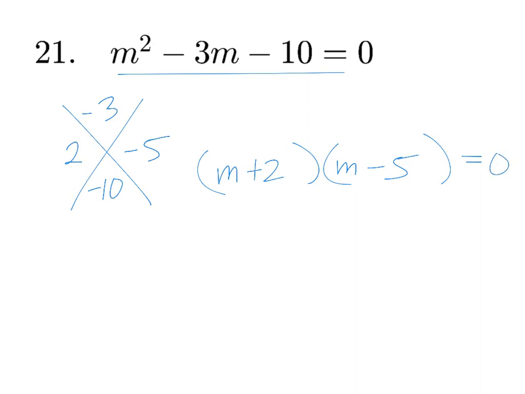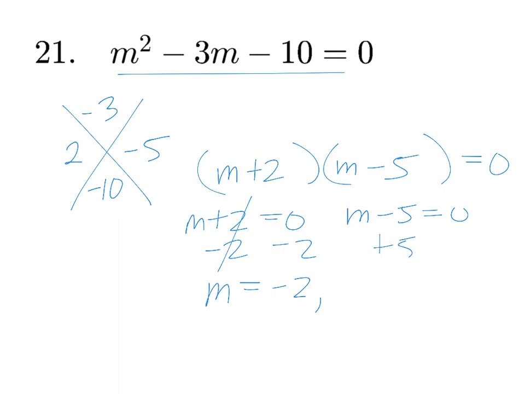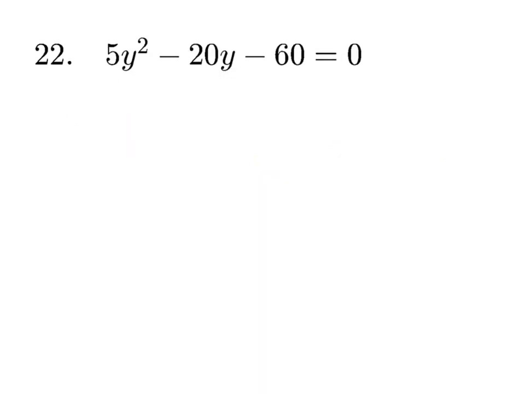Now if I FOIL this, it takes me back to where I started, so I know I did it correctly. Now I take both pieces and I set them equal to 0. Done.